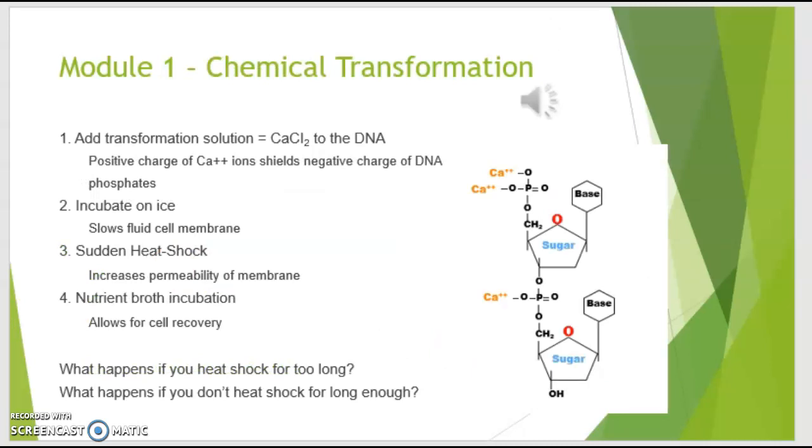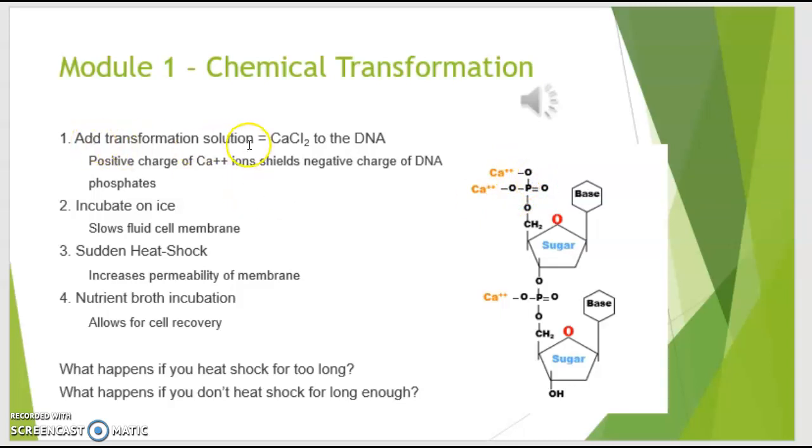So what we would have done is what's called chemical transformation. You can see here is DNA. We have the nitrogen bases like adenine, guanine, cytosine, thymine. We have the sugar, and we have the phosphate, which makes up the sugar-phosphate backbone of DNA. We see here that these oxygens naturally have a negative charge, as we mentioned before, so DNA is naturally negatively charged.